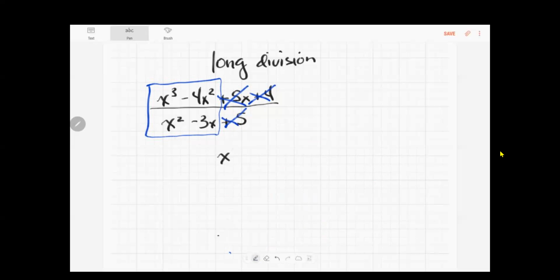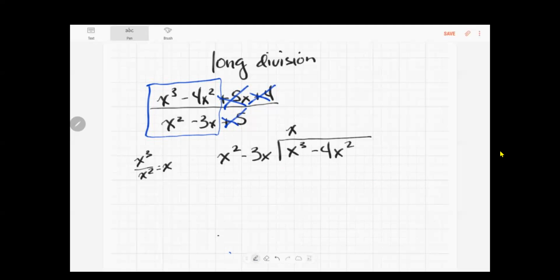So we're going to divide x squared minus 3x into x cubed minus 4x squared. First we're going to have an x, because if we're dividing x cubed by x squared, we get an x.